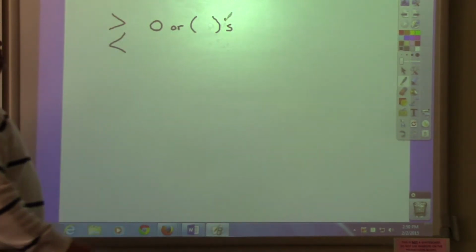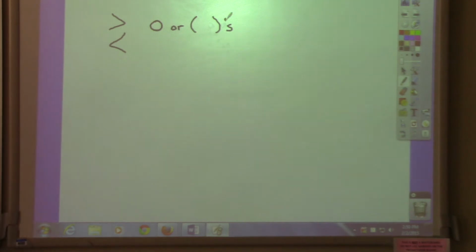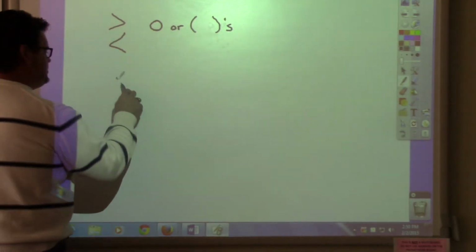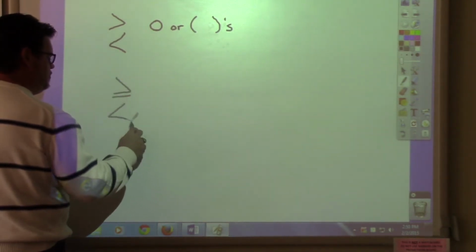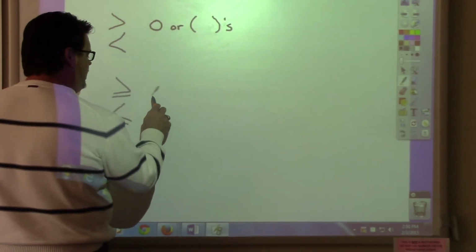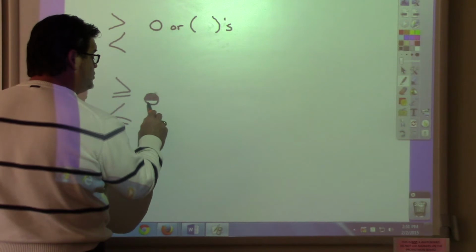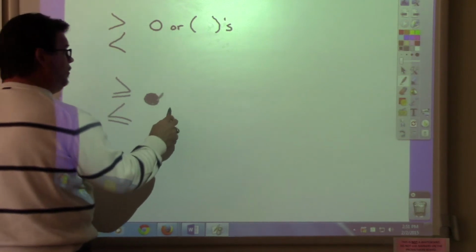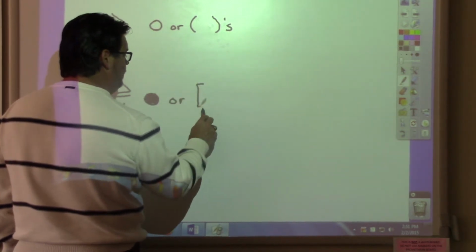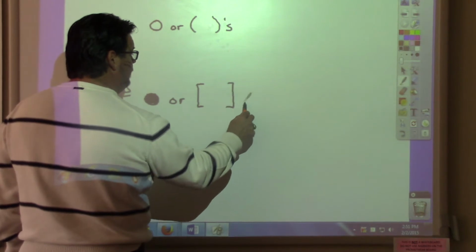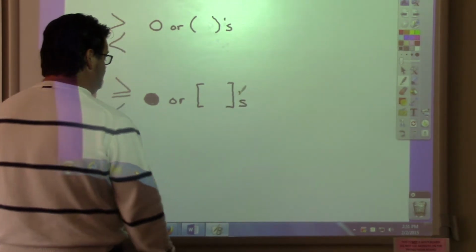Parentheses. And when you're dealing with these two, you're dealing with what kind of circle? A shaded circle, or a closed circle, yes. Or you're dealing with what? Closed square brackets.